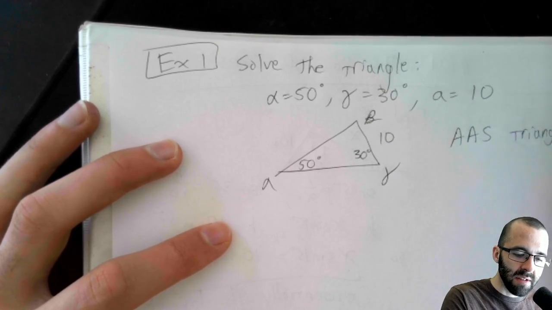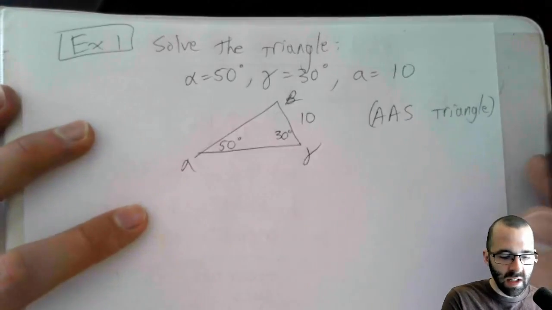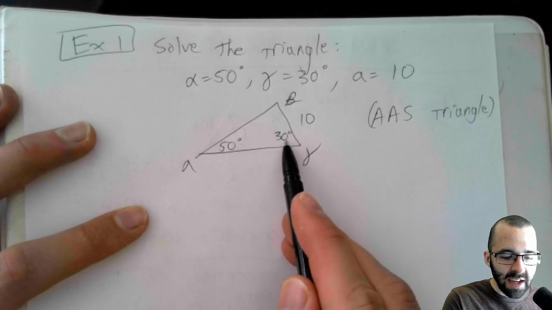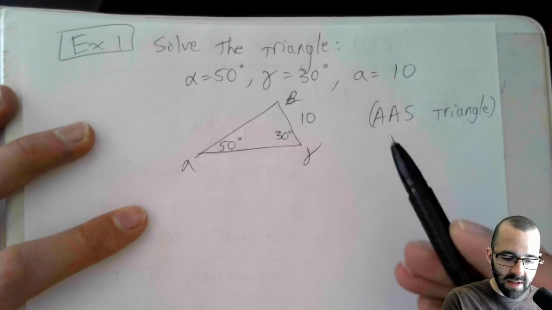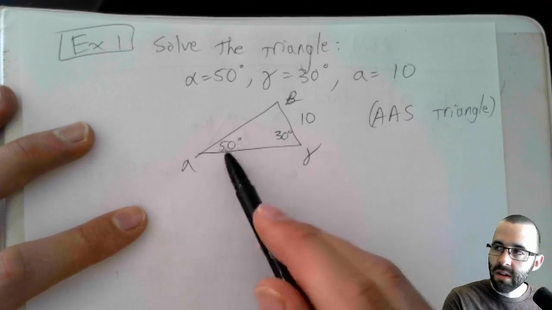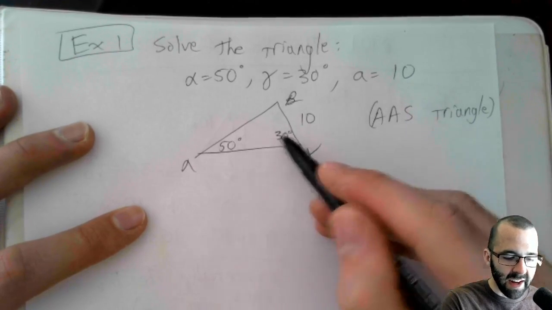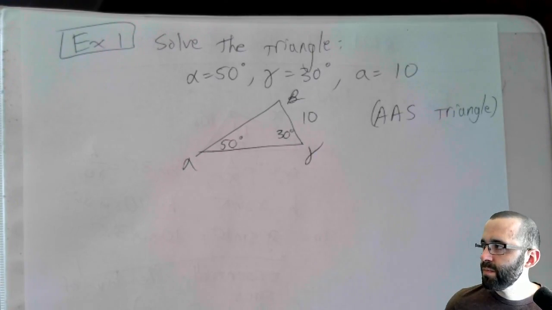You don't need to know this, but it's a little fun fact for you. Because we have one angle, and then an angle next to it, and then a side on the other side of it. So angle, angle, side is the order of the things that we know. You could also switch the abbreviation to side, angle, angle. That's essentially equivalent, but this is usually what we call them.